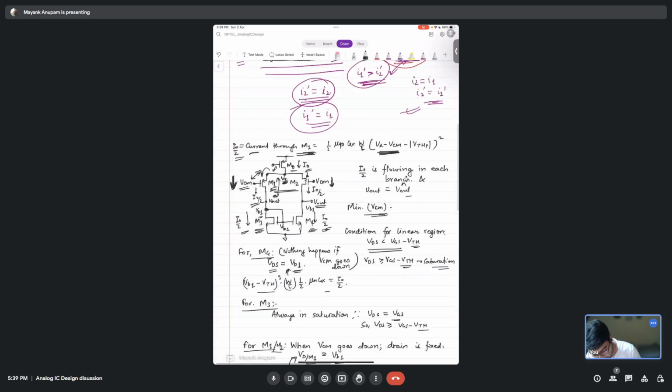Now tell me, what is the max? We have found out the minimum value, isn't it? Now for maximum value, what happens if VCM starts to go up?